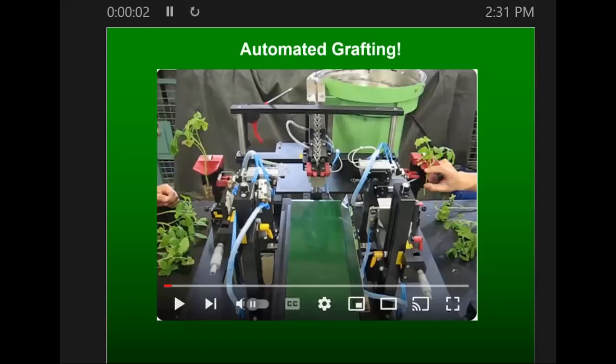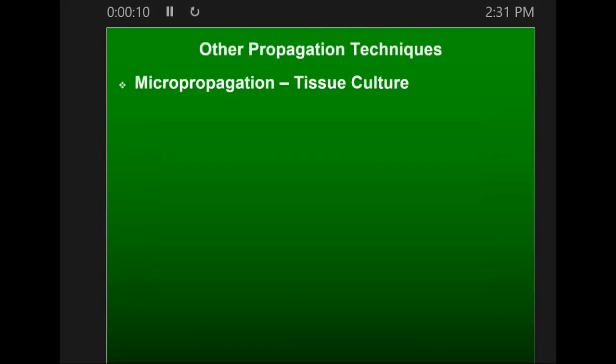Okay. So micropropagation, just remember that that term is really talking about tissue culture, which is a form of propagation. It's just micro referring to the fact that you can just take a tiny bit of tissue or cells, a collection of cells, and work with those. Okay, so that's it for the propagation grafting slide set.